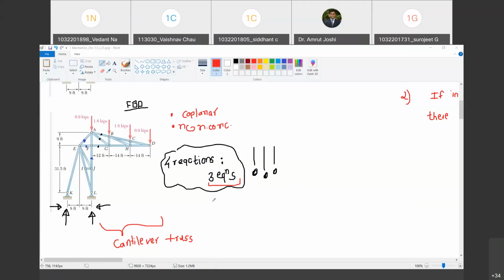We call such a structure a statically indeterminate structure. What will you call it? Statically indeterminate structure. Why is it indeterminate? Because I cannot find all the reactions using merely the equations of equilibrium available. Are you with me? Yes, sir. So I am going to call this a statically indeterminate structure.